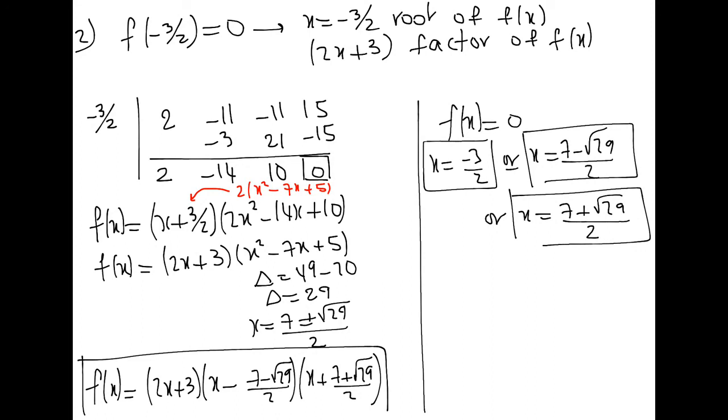Now, before we move on, I just have a quick remark. In case you tried all the possible rational roots of the polynomial, which are the elements of the set C over A, and none of them worked, none of them set the polynomial equal to 0, in that case, it doesn't mean that the polynomial has no real roots.